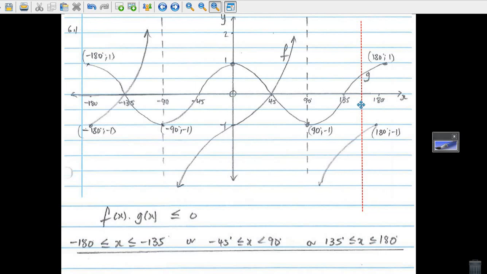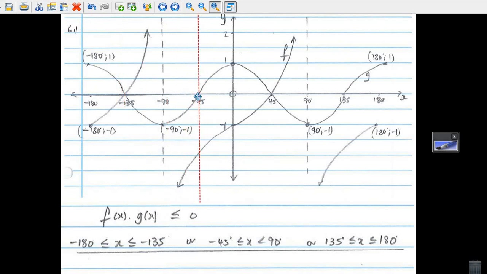Well, where is that true? Let's start over here. Well, it's true right here. It's true all the way here, right to 135 degrees. And then it's true right here, between minus 180 and minus 135. And then there's another place where it's true.